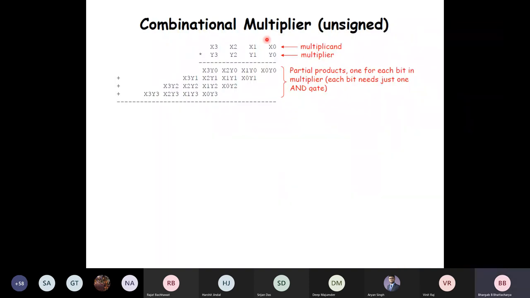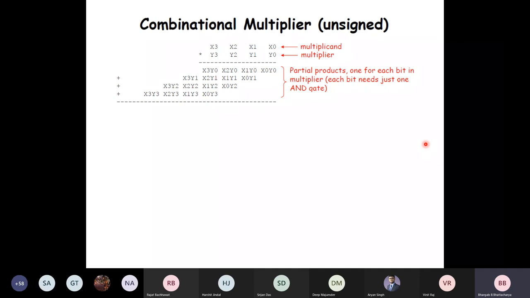Okay, so let us first look into this one hardware solution. We have this multiplicand here, x0, x1, x3, x2, and the multiplier is y0, and these are the partial product terms, right? So what could be the overall hardware?